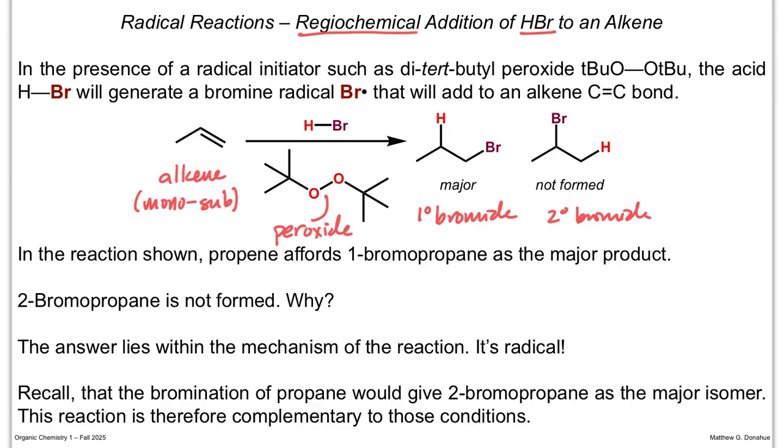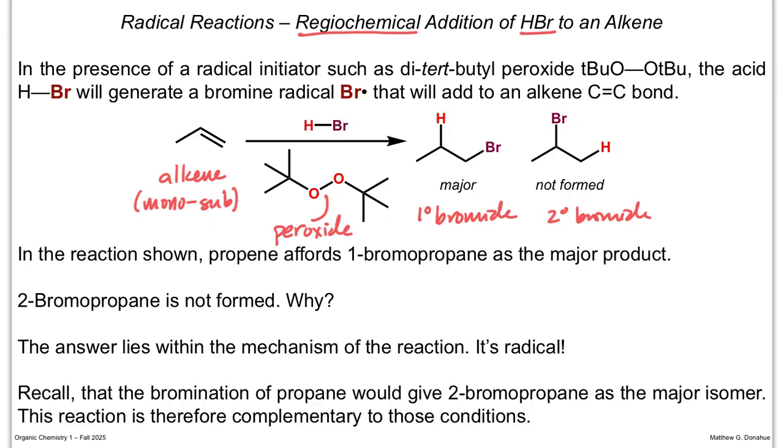So if we further recall back to the CH substitutions that we were learning, the general trend is that the more substituted halogen product is going to be formed. So overall, these conditions are complementary to the reactions that we learned in the first couple lectures of this module.